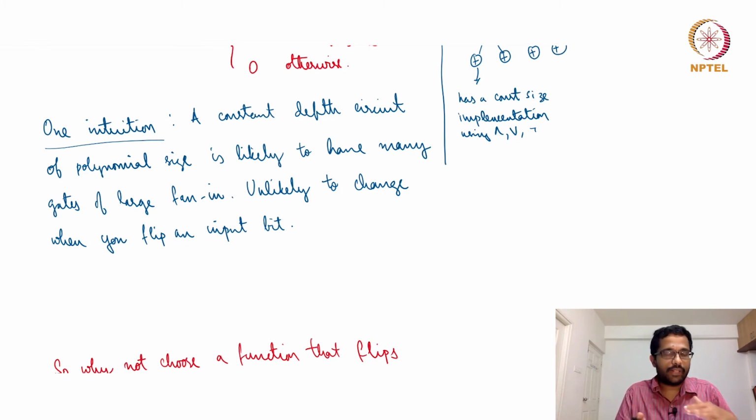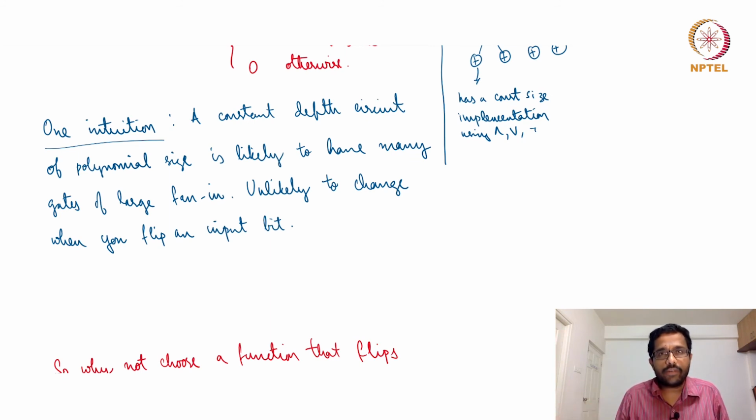Since you have unbounded fan-in, you would expect it to either be independent of many inputs, or, if it depends on all or the majority of the inputs, then the gates would have to be very wide. Otherwise you cannot complete the computation in a constant number of levels. So either you are ignoring many inputs, or you're accounting for all the inputs, but then they are very broad gates with huge fan-in.